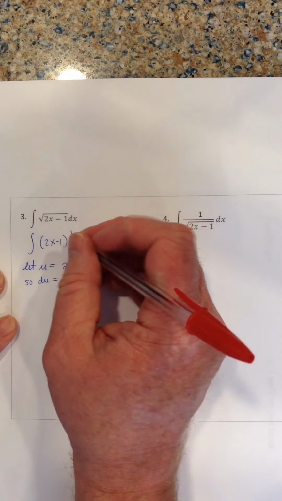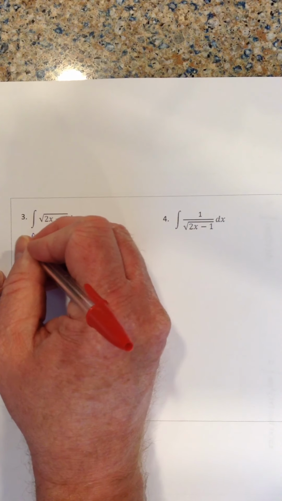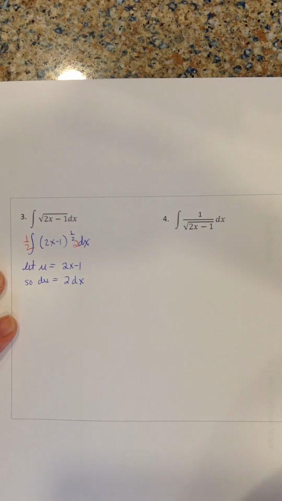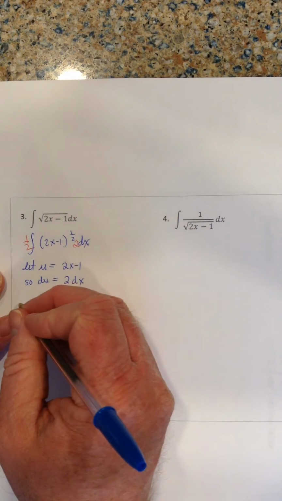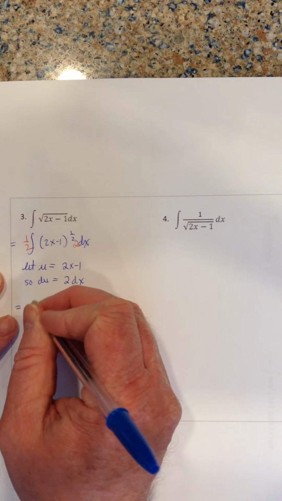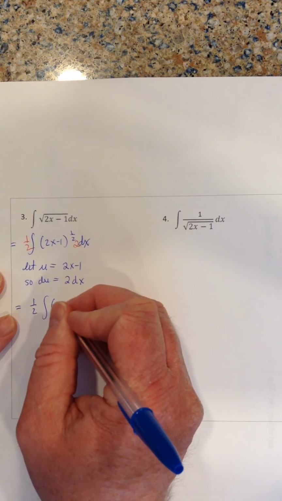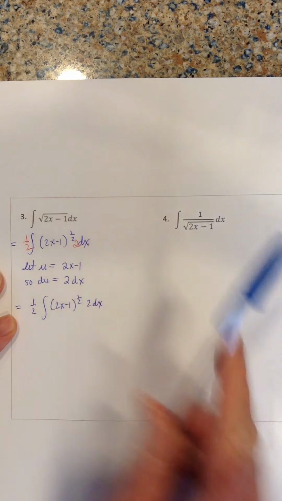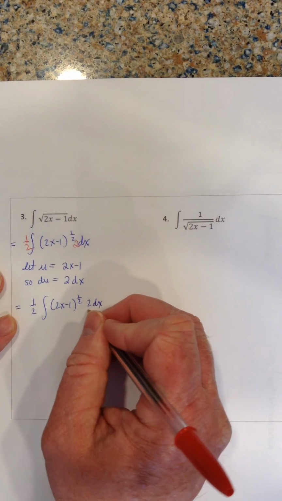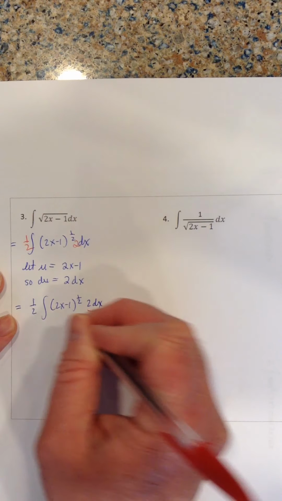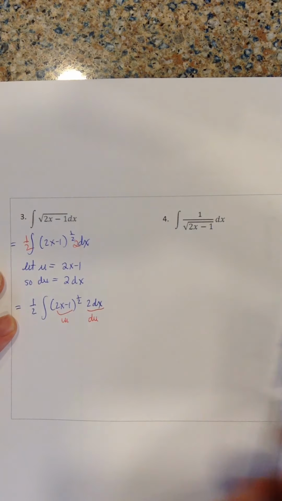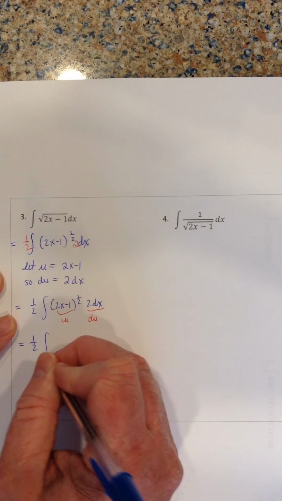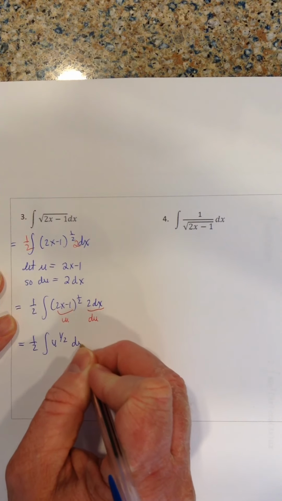Well, if I put a 2 there and a 1/2 outside there, 2 times 1/2 is 1. So I'm not changing the value of the integral. So I have 1/2 integral of (2x minus 1) to the 1/2 times 2 dx. Well, that's my du, and that's my u. So I get 1/2 integral of u to the 1/2 du.